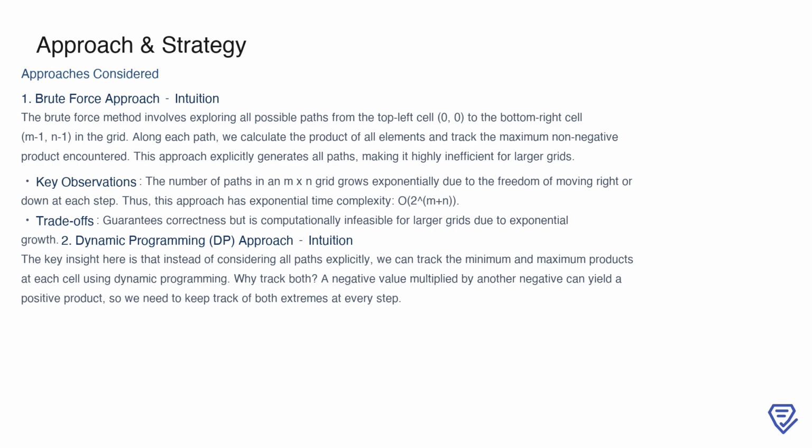This results in a time complexity of O(2^(m+n)), which becomes computationally infeasible for larger grids. While conceptually simple, the brute force approach is impractical for grids beyond a very small size.